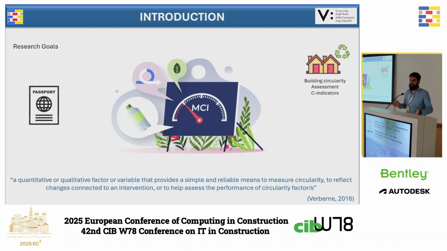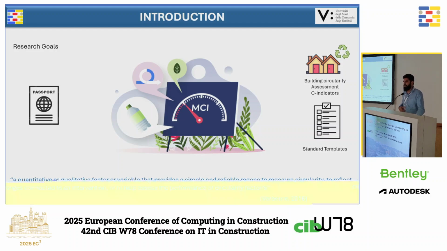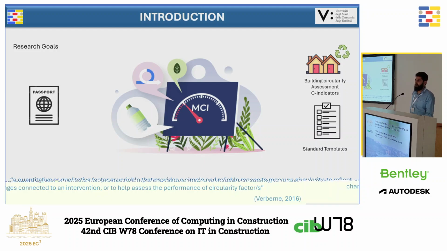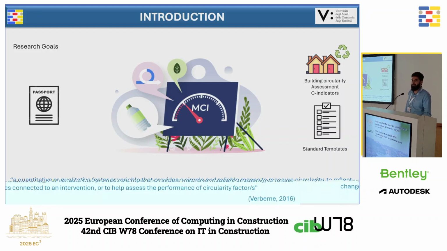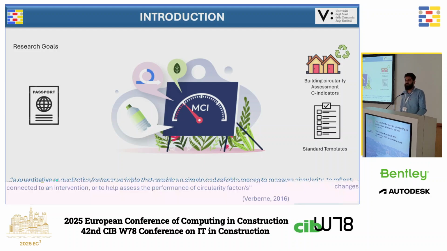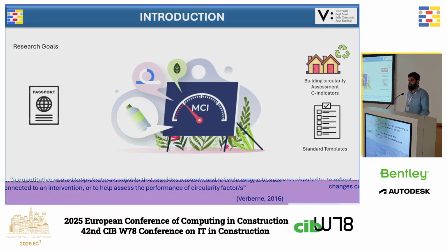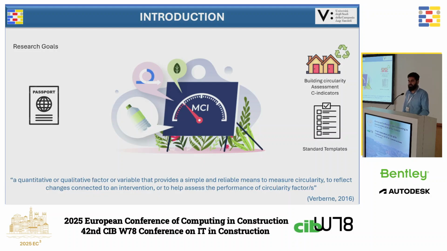Circularity indicators are basically the quantitative or qualitative factors or variables that give us a metric for assessing material circularity. And of course, since the European Union is working on it, if we have any standard templates for assessment of circularity in a building using material passports, that could be one of the applications of this research.